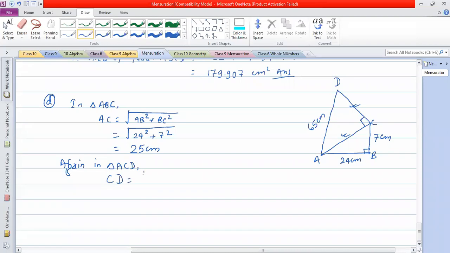CD is not hypotenuse, so we have to subtract from hypotenuse. CD equal to AD square minus AC square. AD is 65 whole square minus it just came as 25 square. How much it will come?